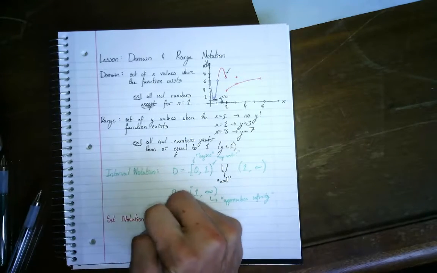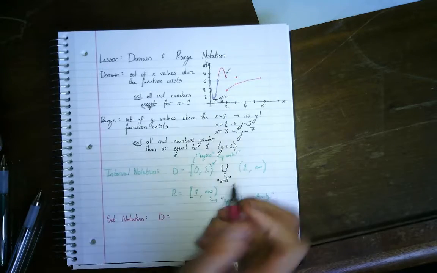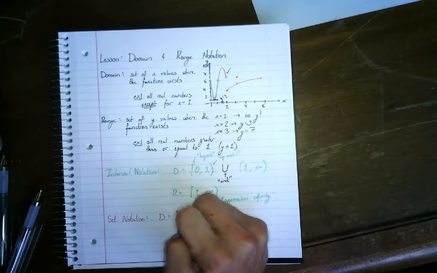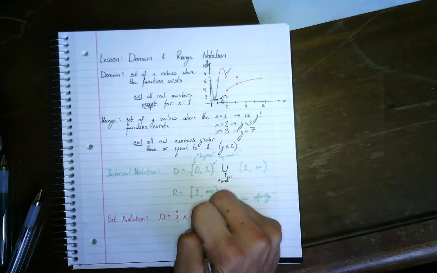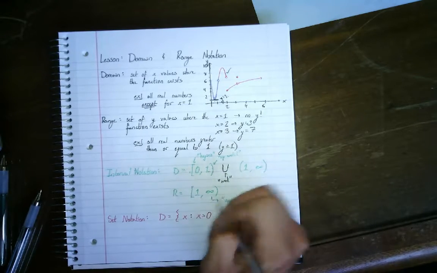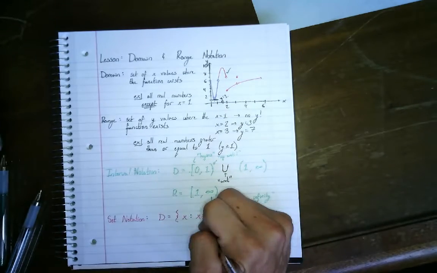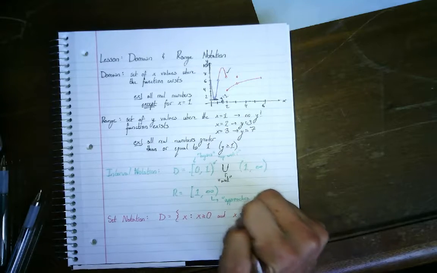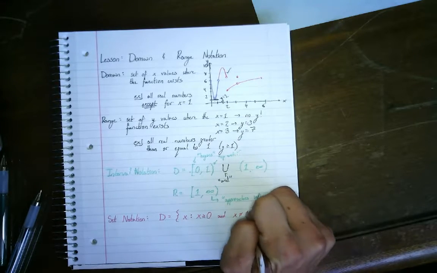So the domain is equal to the set of x values where x is greater than or equal to 0, and x is not equal to 1.